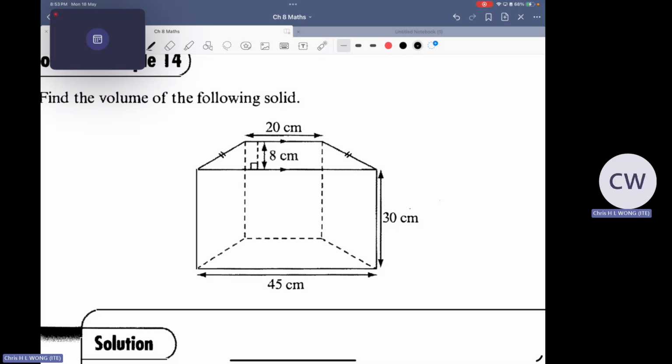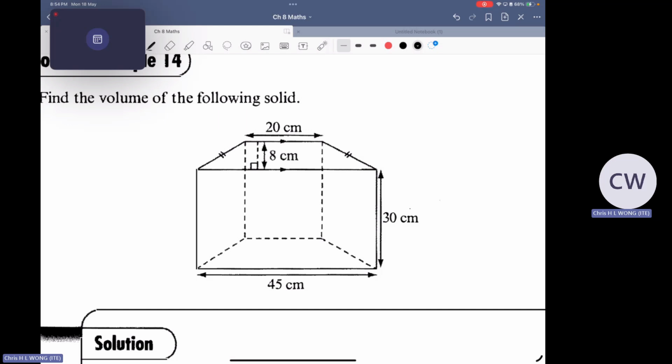What shape is that? Trapezium. Very good. The top is a trapezium, the bottom is a trapezium, and they are identical. All you need to do is to find the area of the trapezium, times the height. Very good. That's the volume.